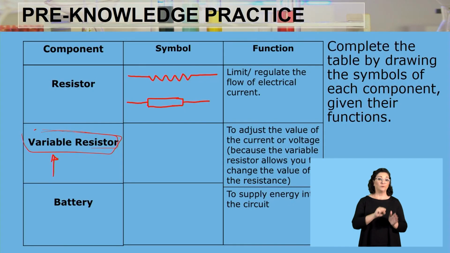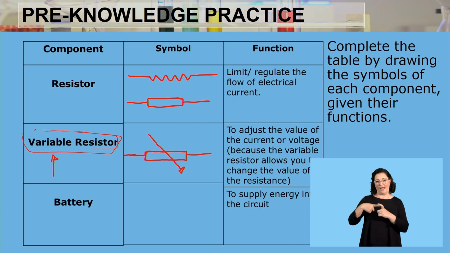So the symbol of it is the following. It is a resistor, but drawn differently. It's going to be that resistor with an arrow going through that particular symbol. So now this shows our variable resistor.